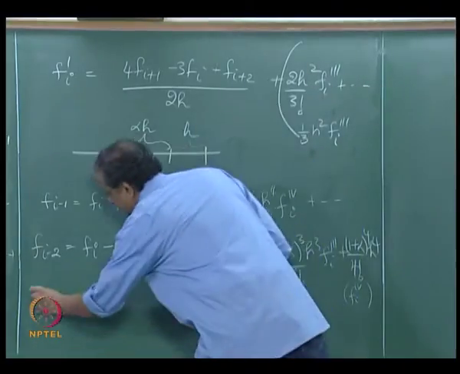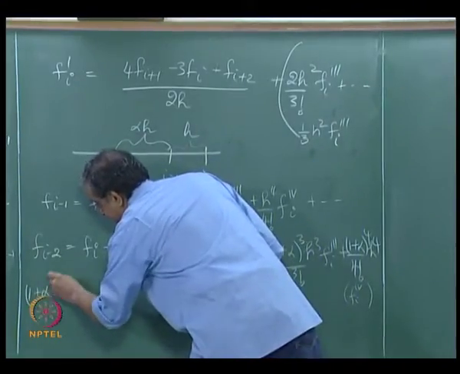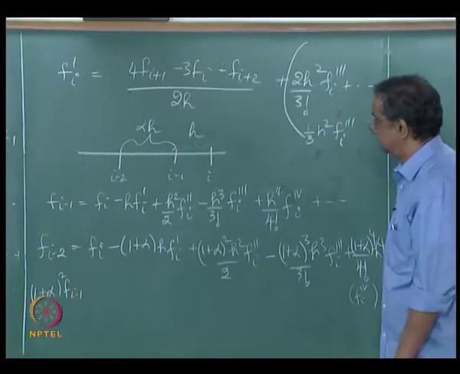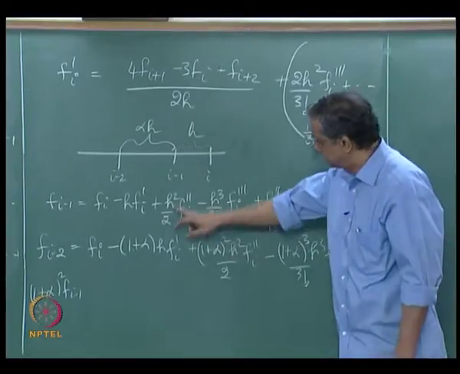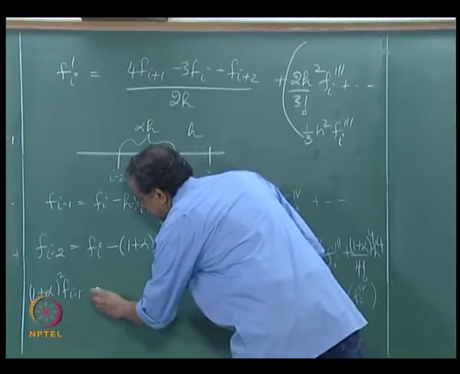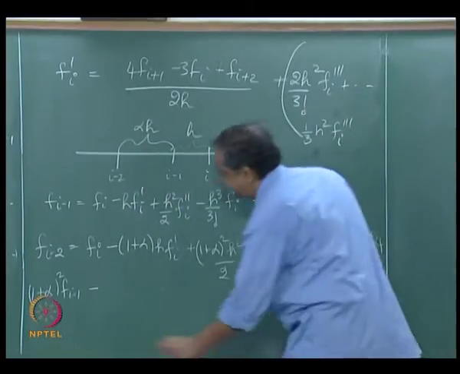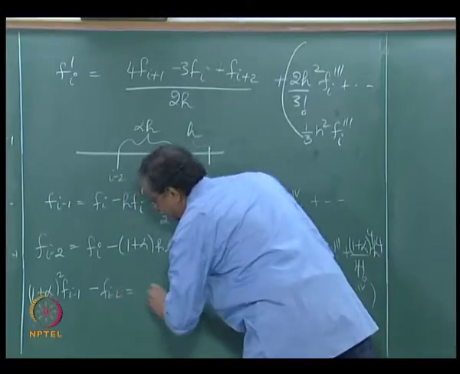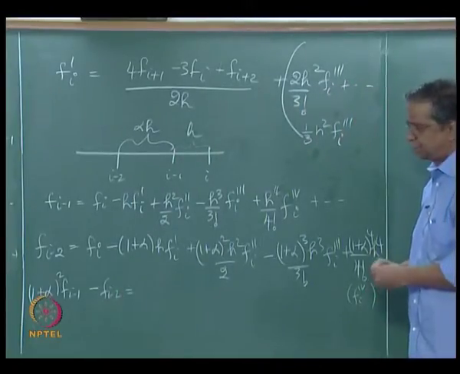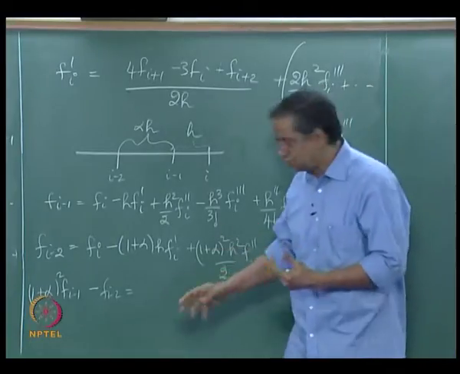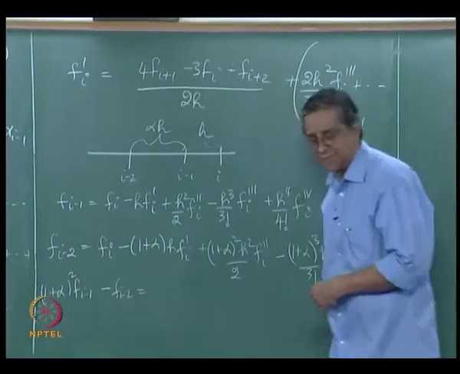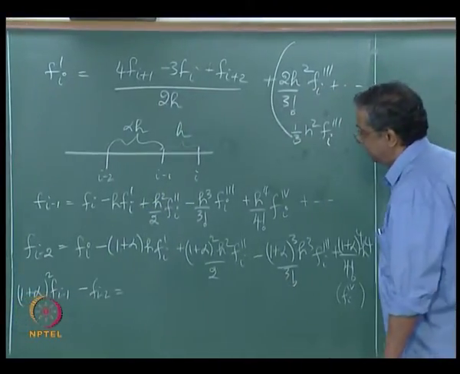So 1 plus alpha squared f at I minus 1 minus, I am going to subtract out this term, f at I minus 2 equals, so you should be happy if alpha over 1 plus alpha squared is 2 squared, which is 4, which is what we did earlier. So that is not bad.